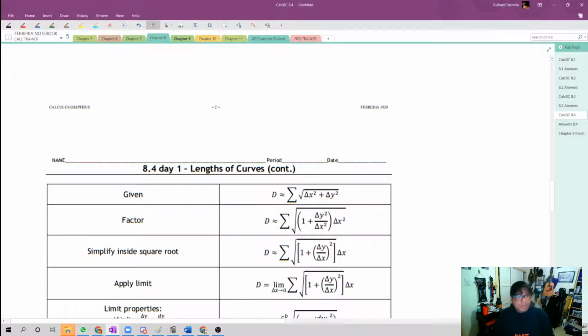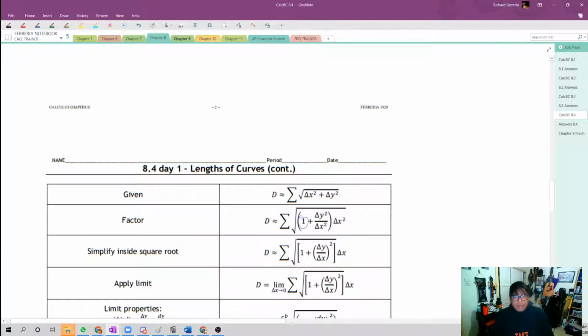Let's take a look at what happens here. So we know the distance is going to be the sum of a bunch of distance formulas. Okay? And we're going to do a little bit of algebra here. We're going to factor out a delta x squared. Delta x squared divided by delta x squared is 1.